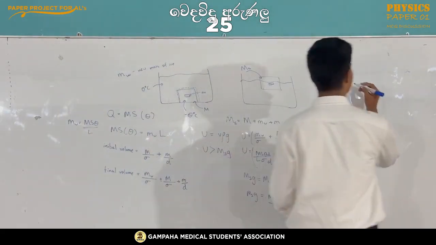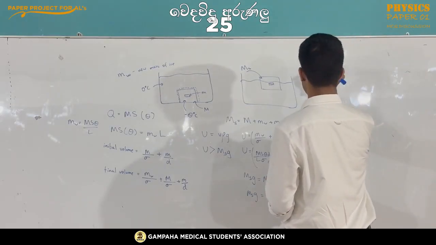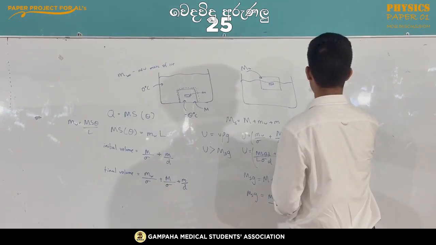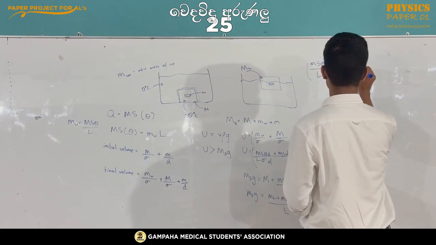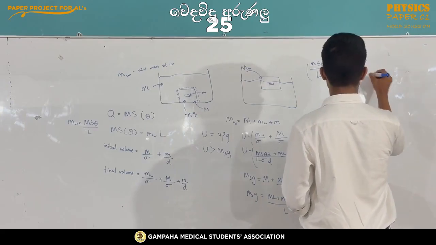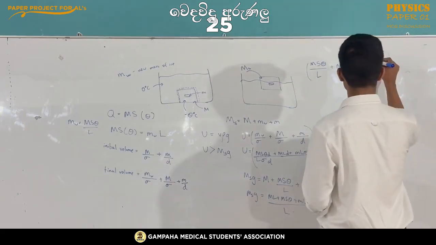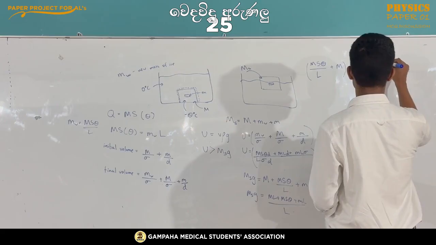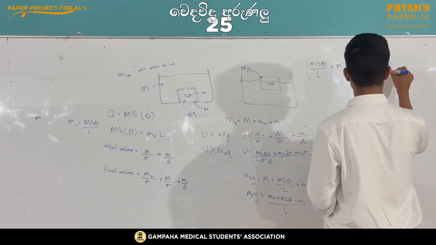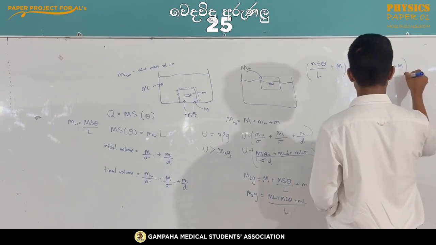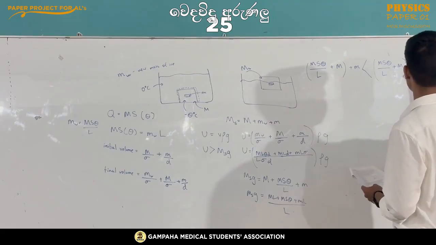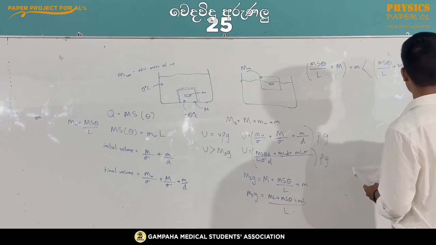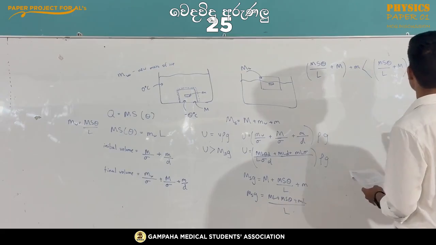So when you equate these two quantities, this is the total mass, and this is the upthrust.